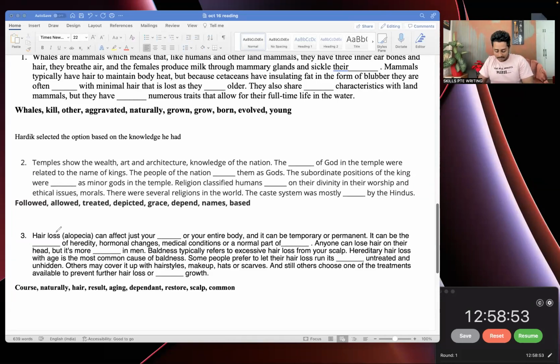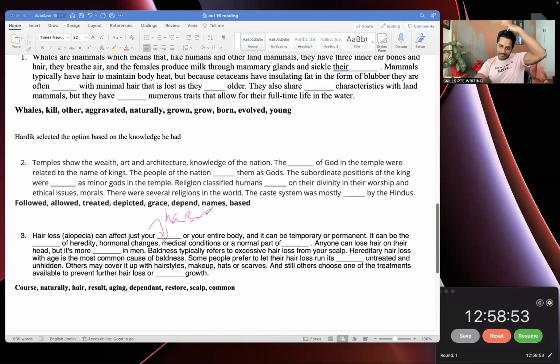Hair loss can affect just your scalp or your entire body, and it can be temporary or permanent. Why not hair here? Because hair loss is basically losing from the scalp, and we are comparing scalp and entire body.